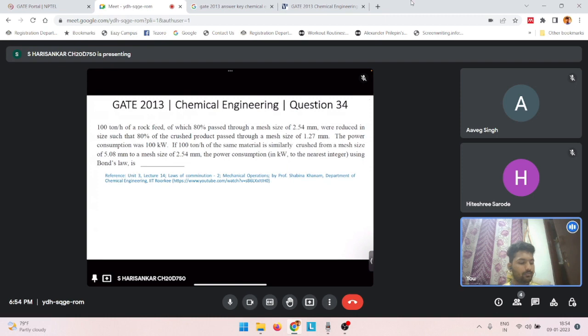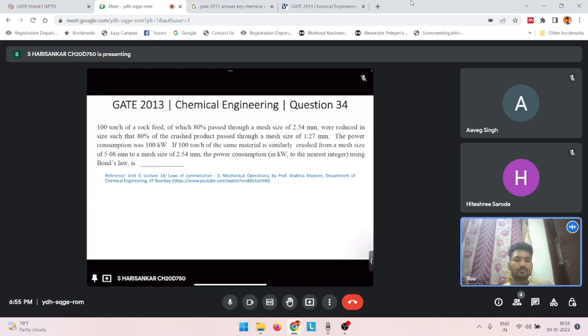The power consumption was 100 kilowatts. If 100 ton per hour of the same material is similarly crushed from a mesh size of 5.08 mm to a mesh size of 2.54 mm, the power consumption in kilowatt to the nearest integer using Bond's law is dash.